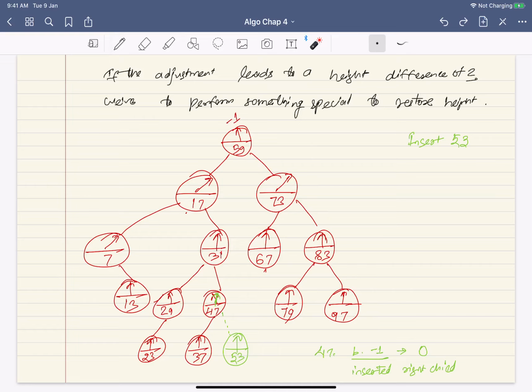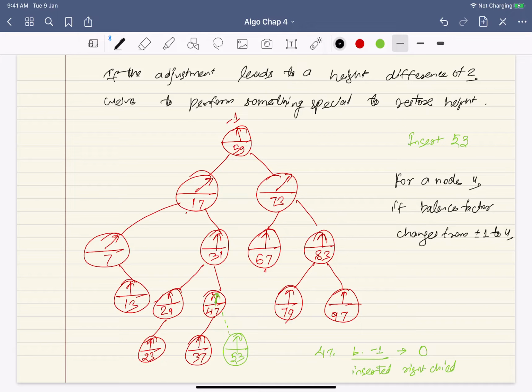So here we can use a trick. So what are you seeing? For a node u, if the balance factor changes from, in this case from -1 to 0, but let's say ±1 to 0. Now what can you say if for a node the balance factor changes from plus or minus 1 to 0? What should have happened?